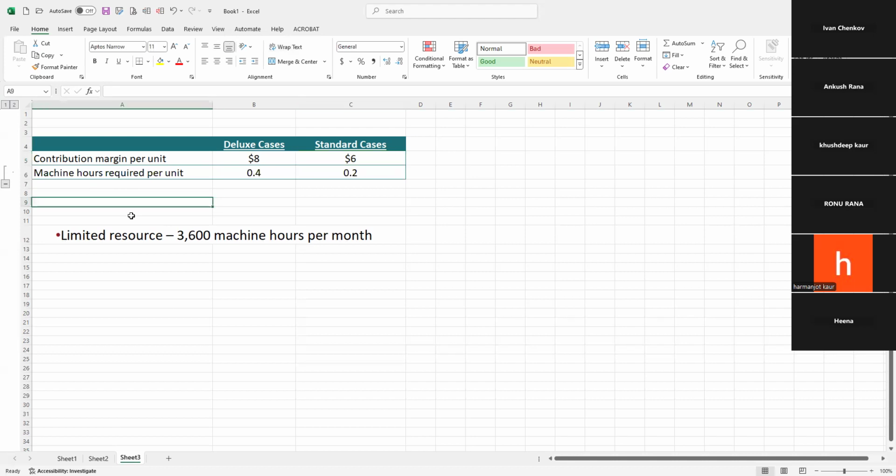But unfortunately, we do have other information. What is that? We have machine hours, which are required to produce 1 unit. So now the question is, if the machine hours are our limitation, how much will be my contribution margin per 1 hour?